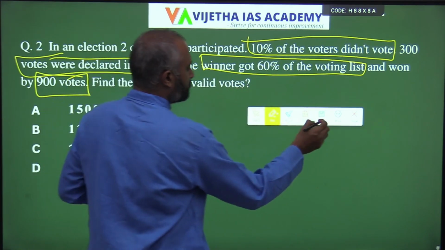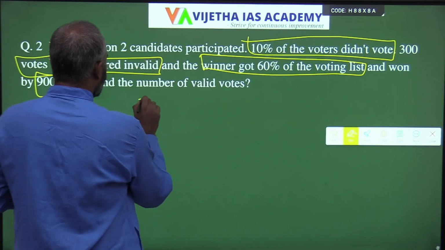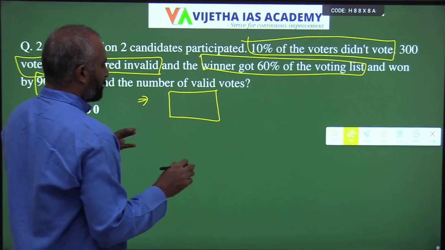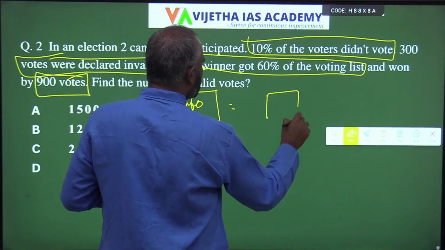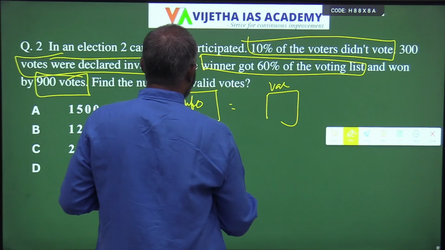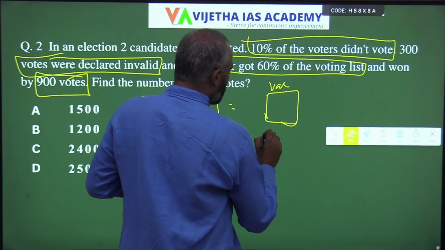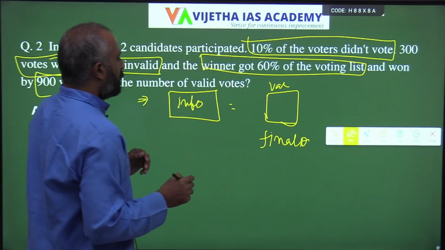Always when you have election based questions, there will always be the same format. Some information is given and some value is provided. You always have to keep an eye on the final destination. What do we need to reach here?